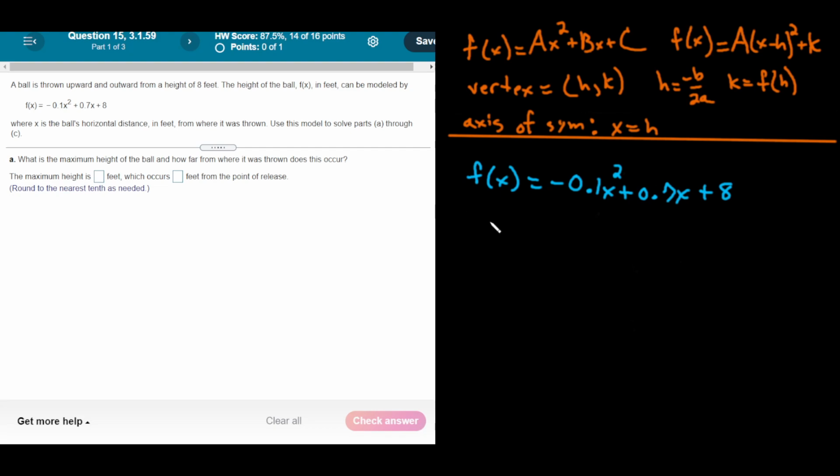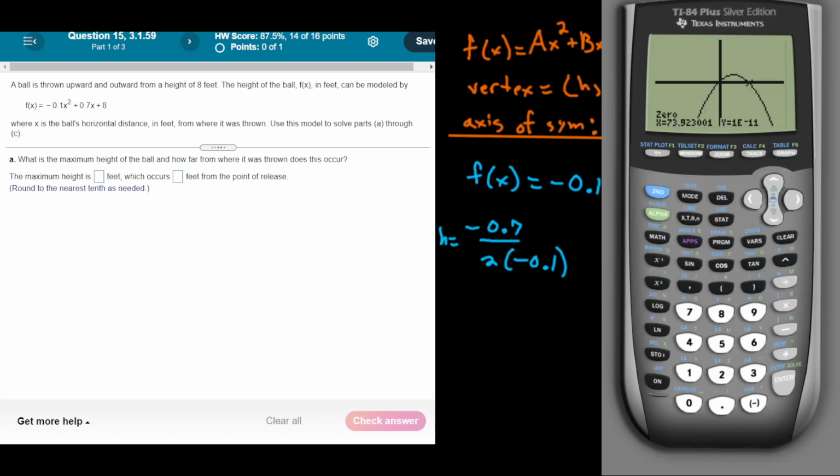negative b over 2a. So it's negative b divided by 2 times your a. Looks like we were forced to use a calculator here in this case. Remember, this is your h. Looks like we have to use a calculator, sadly. So let me turn on the calculator.